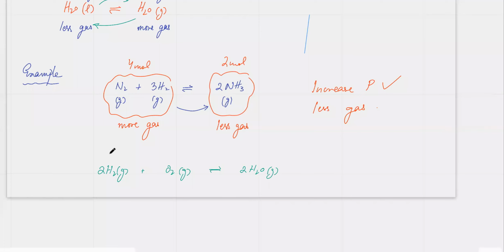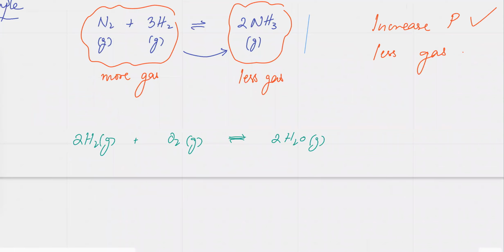बताओ जल्दी से, इंक्रीज करोगे प्रेशर किस साइड पे इक्विलिब्रियम शिफ्ट होगा इन दिस केस? मोर गैस और लेस गैस? क्या रूल है, इंक्रीज प्रेशर करोगे तो क्या होगा?